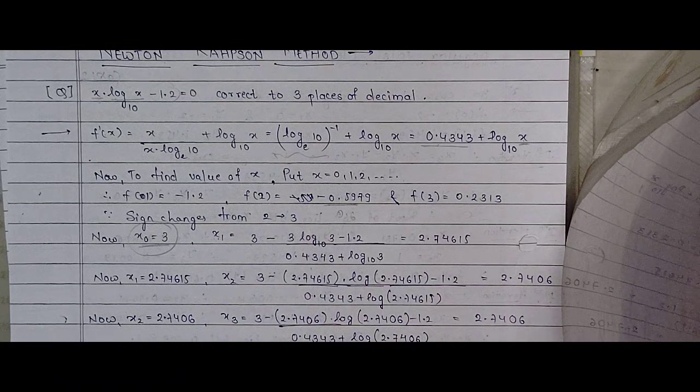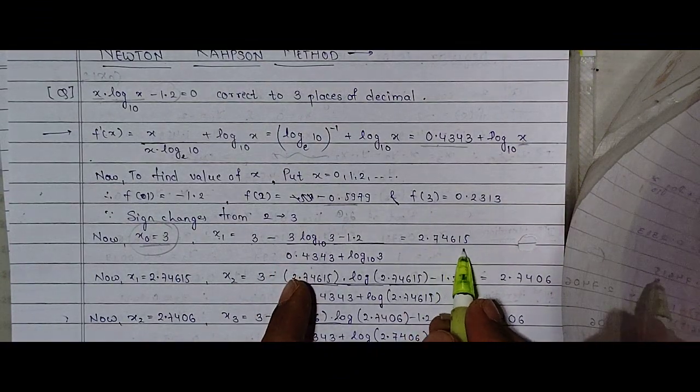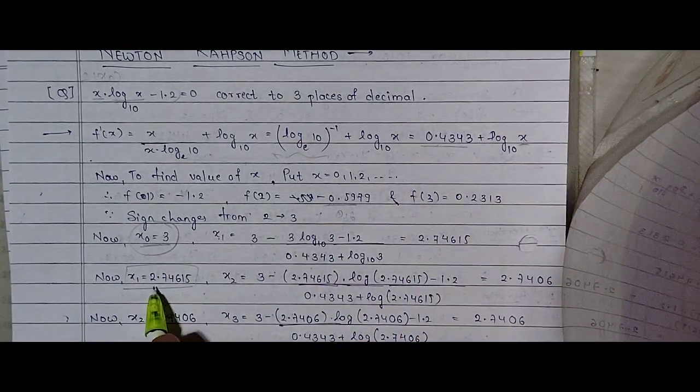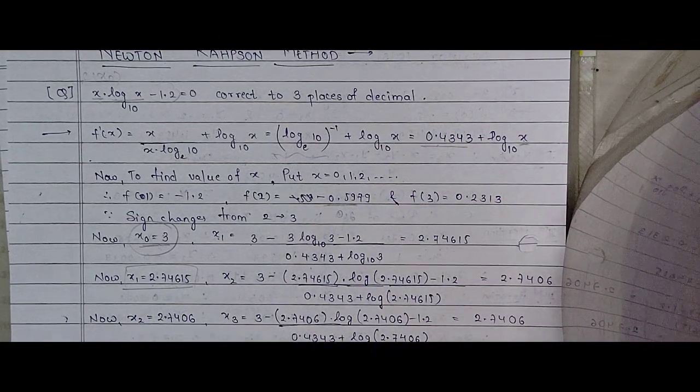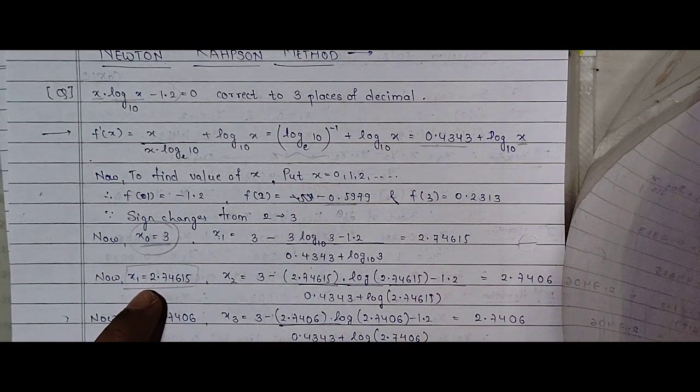I will be making a video on that also. So after solving this I will be getting 2.74615. So now x1 what I have got is 2.74615. Now when I will be calculating x2, I will be using the value of x1 which I have calculated.